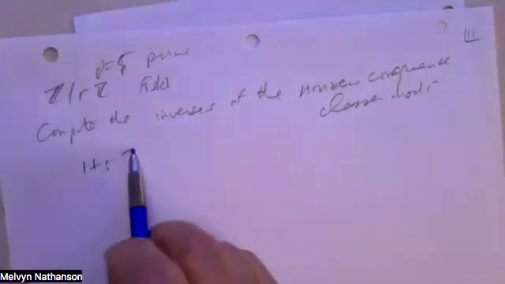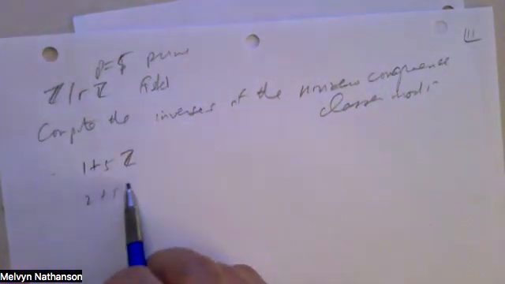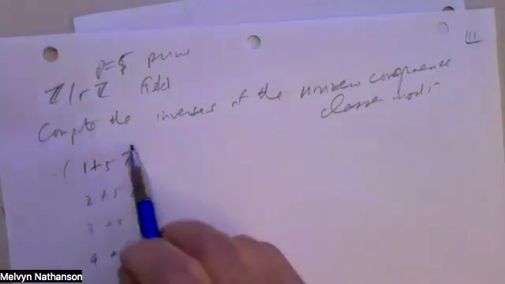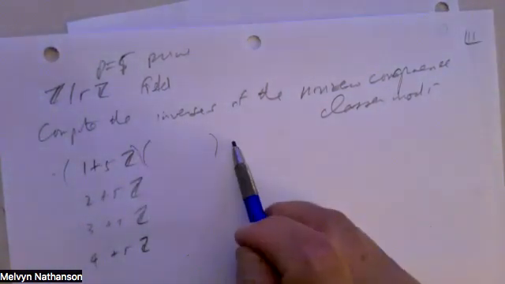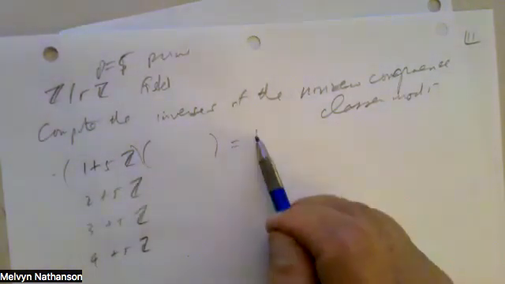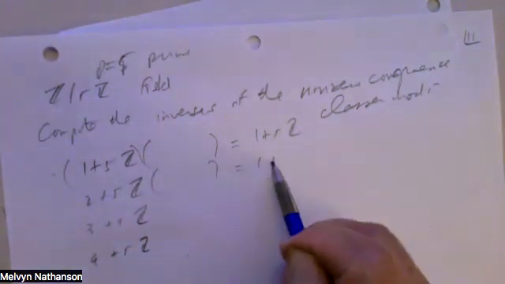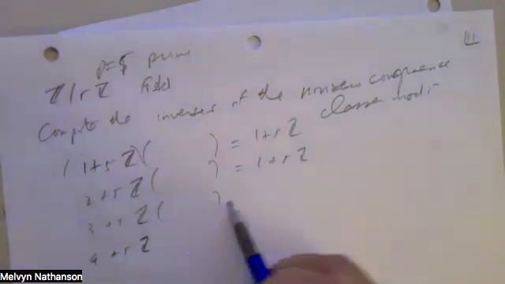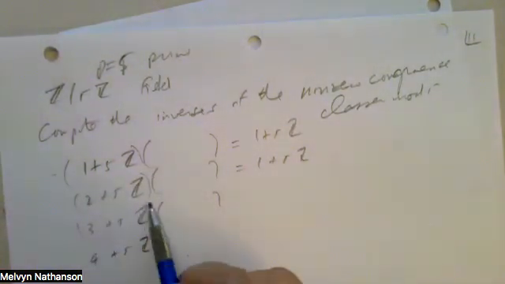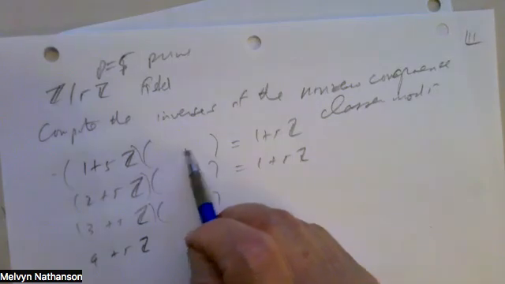What are the non-zero congruence classes mod 5? 1 plus 5Z, 2 plus 5Z, 3 plus 5Z, and 4 plus 5Z. So we have to be able to multiply each of them by something to get 1 plus 5Z.